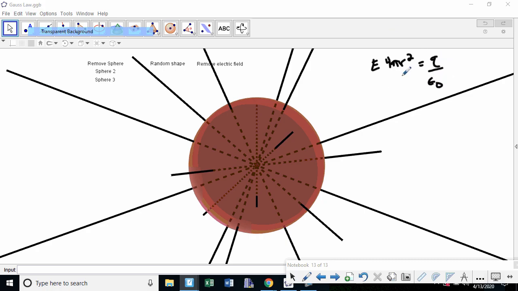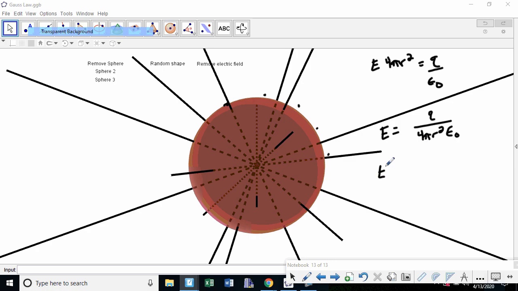The one thing I'm going to do here is move over the 4 pi r squared. So electric field is equal to Q over 4 pi r squared times epsilon naught. That's what the electric field is everywhere at the surface of this sphere. In 3 dimensions, the electric field is Q over 4 pi epsilon naught r squared. But hey, wait. I expected it to be kQ over r squared. So let's do this again.